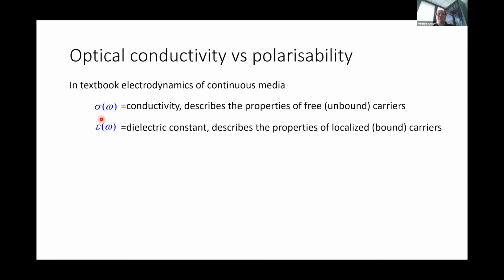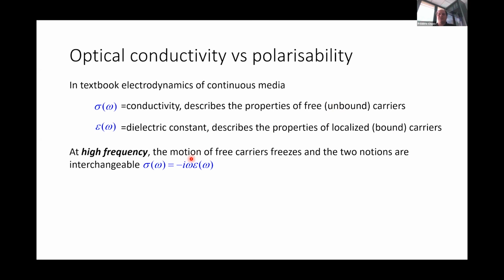And when you consider a dielectric medium, the electrons are attached to molecules, and in this case you prefer to describe the system using a dielectric constant that describes the optical index of the system. The distinction between the two kinds of carriers is that in one case they are bound, and in the other case they are unbound.